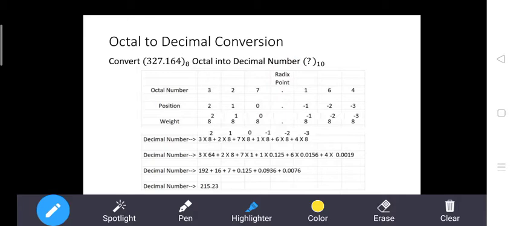So first I write the positions. While writing the positions, I have to consider my radix point. On the right hand side of the radix point, all positions are negative and start from -1. So my first digit position is -1, second digit position is -2, third digit position is -3, right?